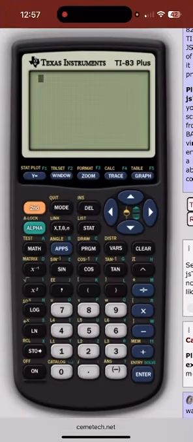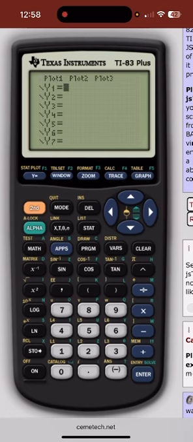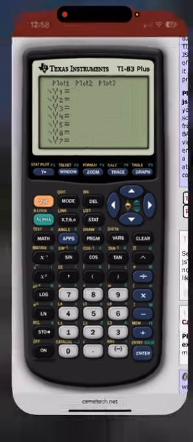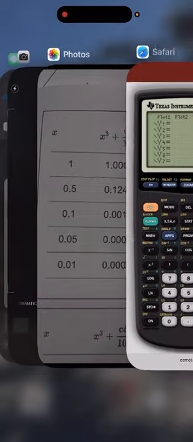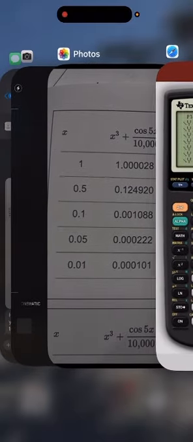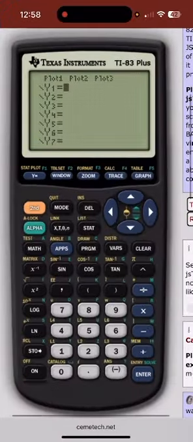So again, I'm working on a TI-83 Plus, which is pretty close to a TI-84 or 84 Plus. On the top left, where it says Y=, I'm going to click on that. Cosine of 5x over 10,000.